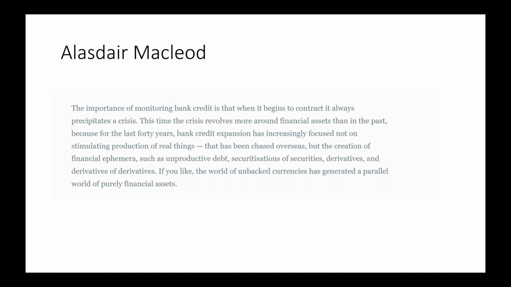Because for the last 40 years, interest rates have been declining. If you go back and take a look at the Fed funds rate, over the last 40 years, interest rates have been going one way, down. That means bank credit has increasingly focused not on stimulating production of real things, but the creation of this financial bubble, to paraphrase.